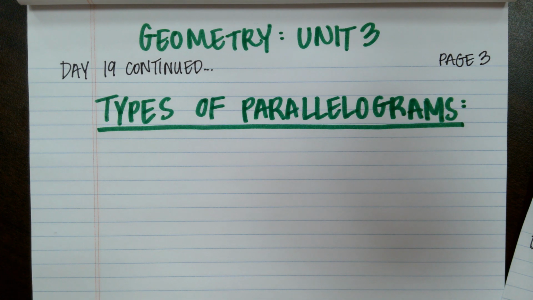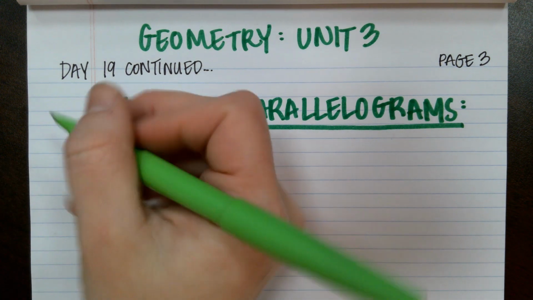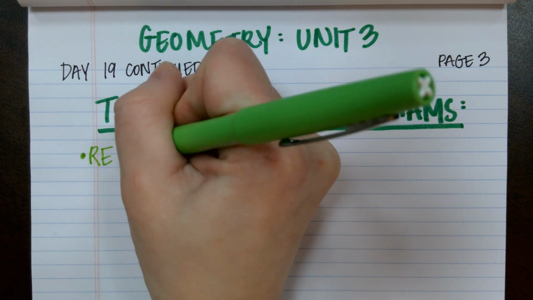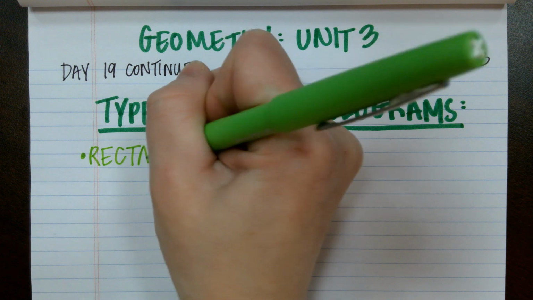And the first type we're going to talk about is a rectangle.